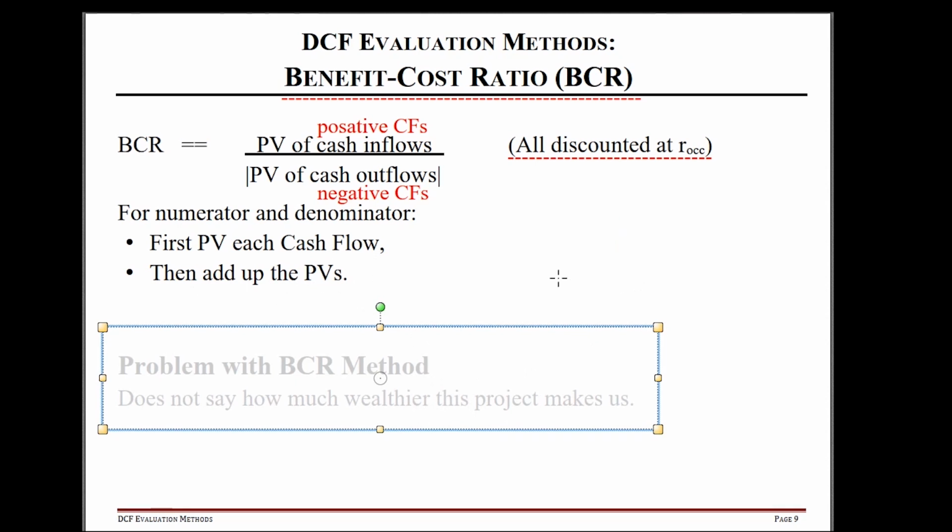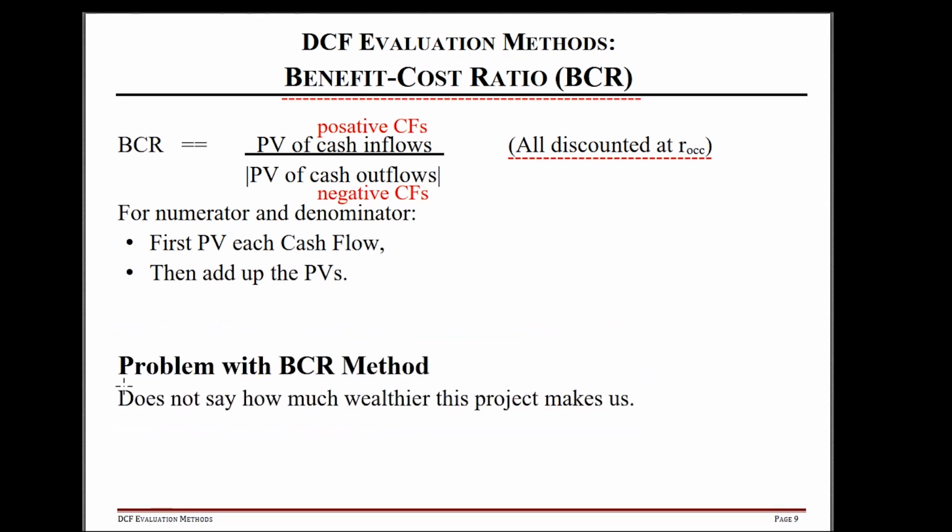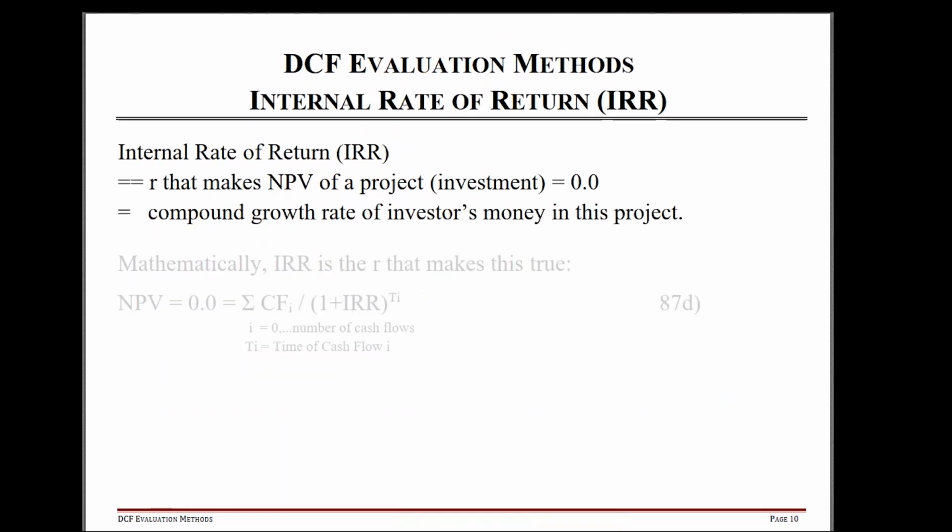Okay, so the BCR method is not quite as good as the NPV method because it doesn't say how much wealthier a project will make us. That's why we think of it as sort of a bang for our buck ratio, but it's more important to know how much wealthier a project is going to make us, and BCR does not help us with that.